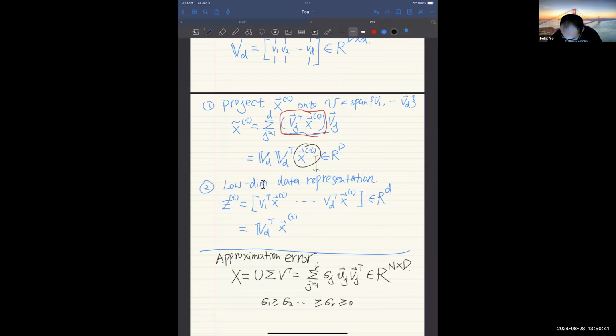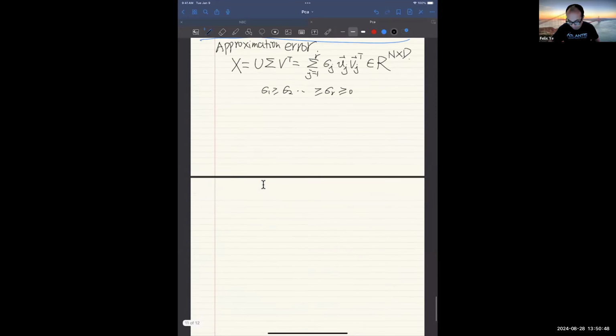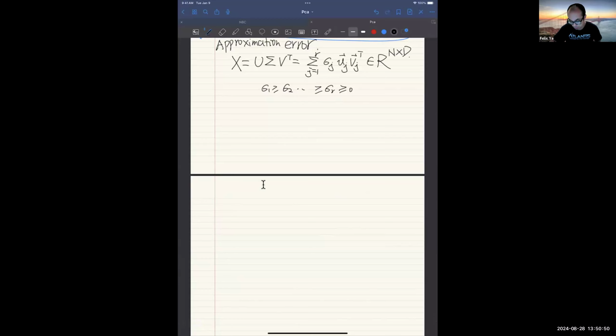This is not precisely what we think about, but nevertheless, if we're using the data matrix here, each X of i is a row, and at the end there will be X of N. That means we need to take the transpose.